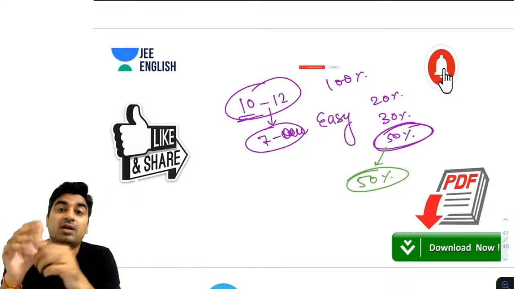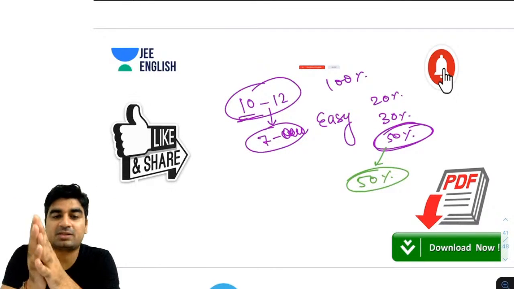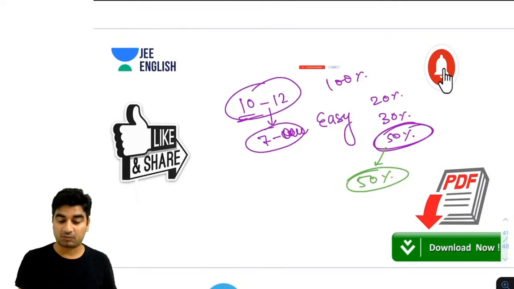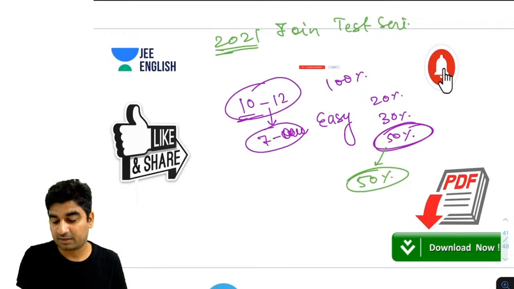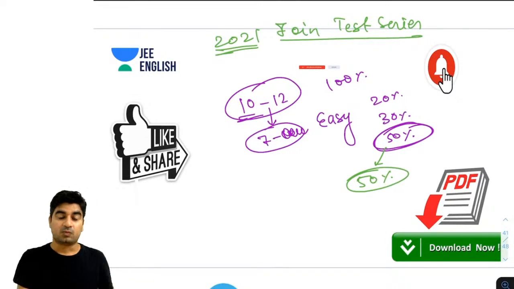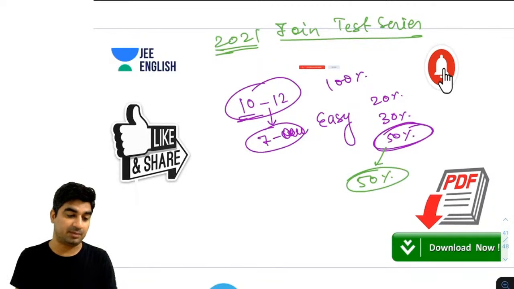Second point is, take as many tests as possible. Join some test series, and if you are preparing for 2021, take it seriously. Once you are giving the exam, you have to develop your paper temperament.